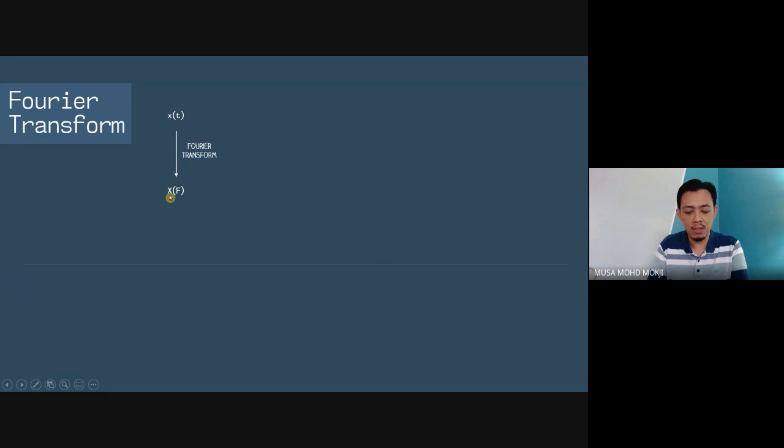In the frequency domain we use a capital letter instead of a small letter, which is used in the time domain. And what we get is, from time on the x-axis of the plot in the time domain, we are now using the frequency domain, which is in hertz. Why is it in hertz? Because this is in continuous time.